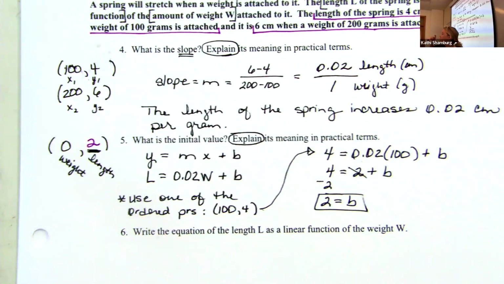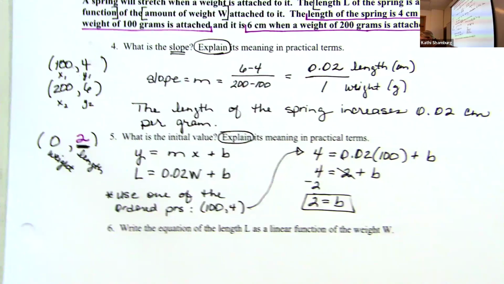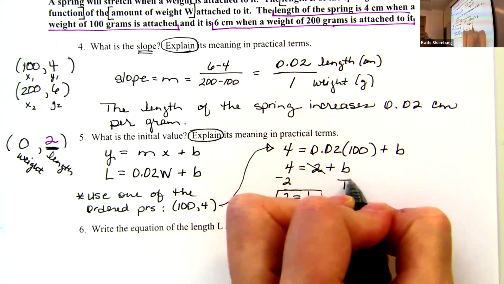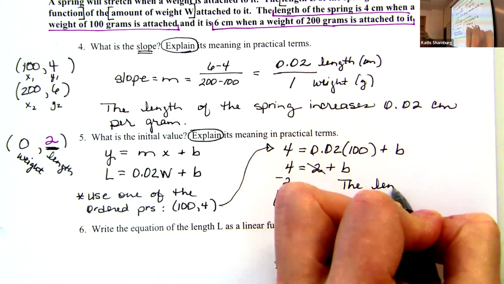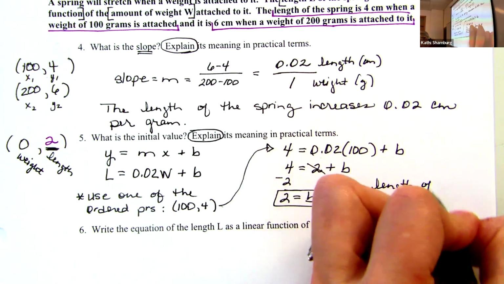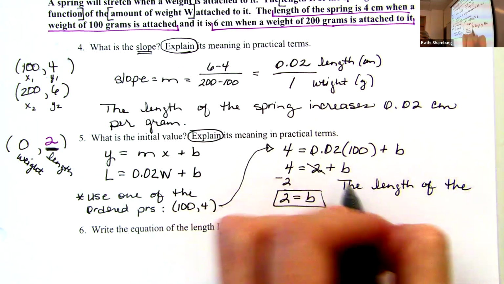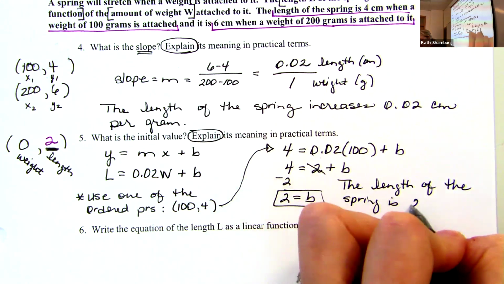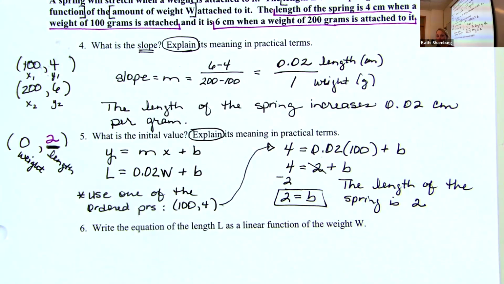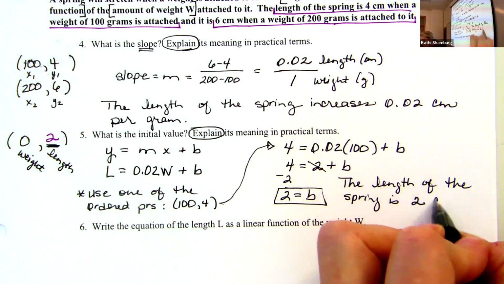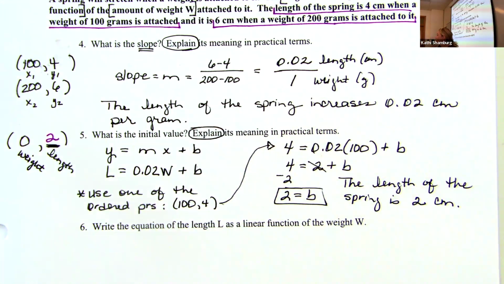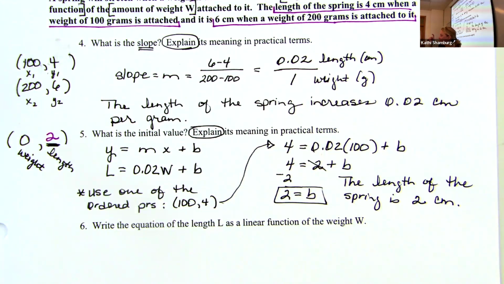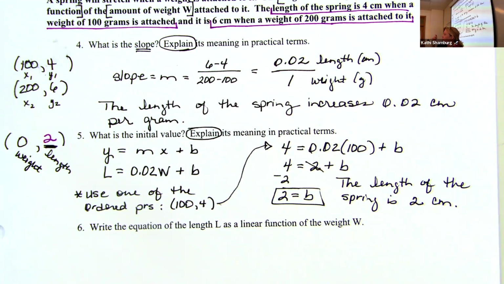So haven't we found the length of the spring before any weight's put on it? So my explain would be the length of the spring is 2, and that's 2 what? Centimeters. So if it was all squished together, it's 2 centimeters, and then as you put weight on it, it's gonna expand.